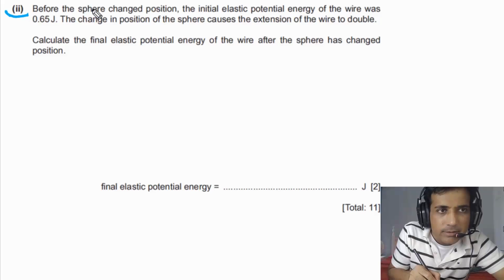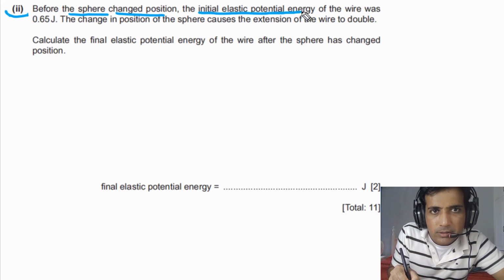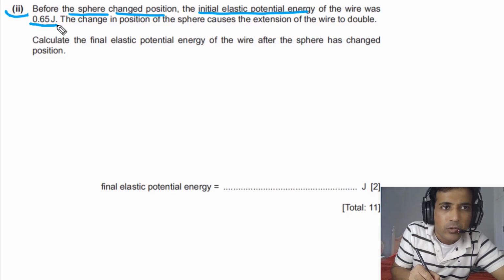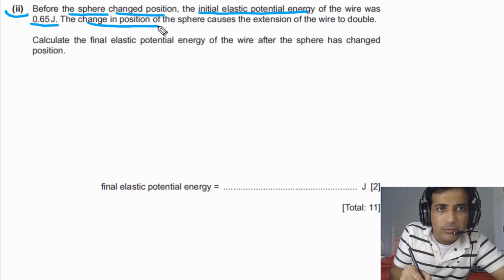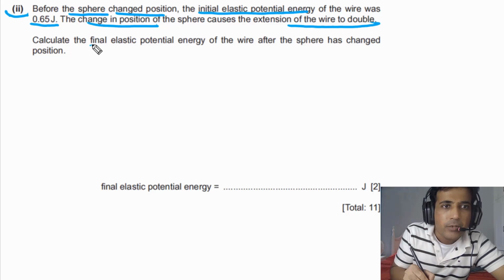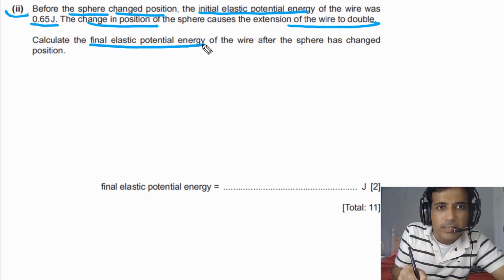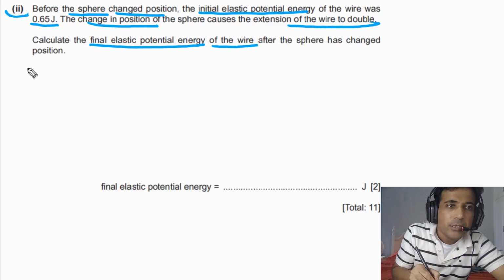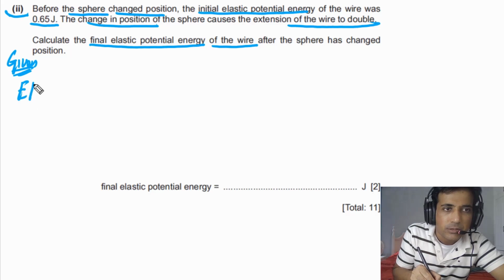For the second part, it is given to us before the sphere changed position, the initial elastic potential energy of the wire was 0.65. The change in position of the sphere causes extension of the wire to double. We need to find out the final elastic potential energy of the wire. So first of all, let's write down what is given to us. Initial elastic potential energy, EPE, we will simply write down E_I.